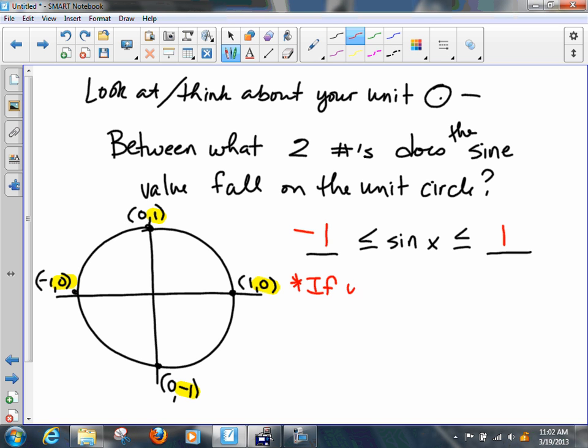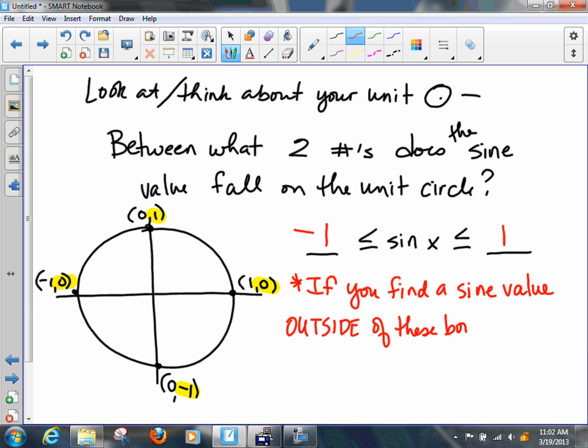If you find a sine value outside of these boundaries, this negative 1 to positive 1, then what do you think is going to happen? Anybody have any guesses? There's not going to be a triangle at all. Then no triangle will exist.